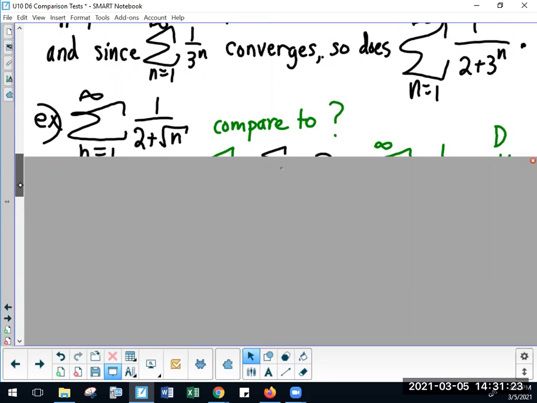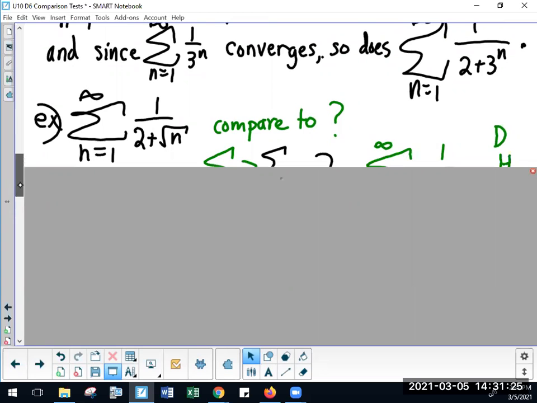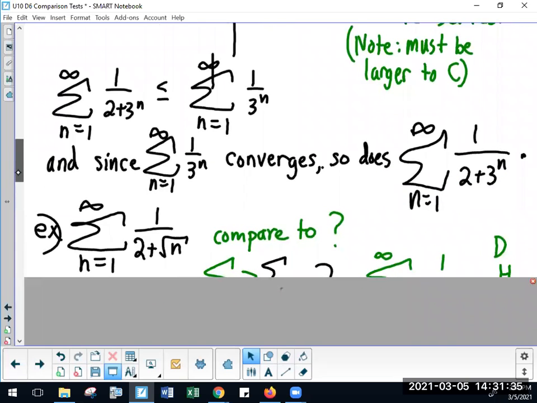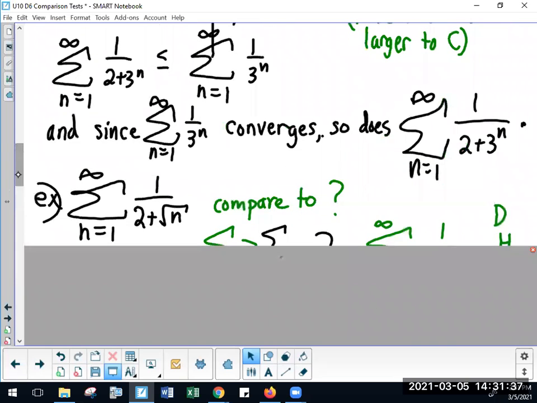So let's look at this next one. And for this next one, I want you to take a few moments while you're copying it down and as much of the last thing that you need to get copied down. I could scroll up a little bit, sorry about that. I was definitely talking and thinking faster than maybe you could write. Think about what series you might want to compare this one to.